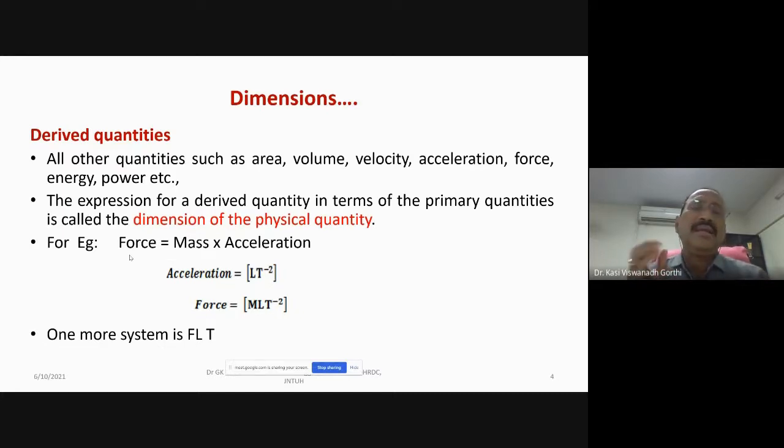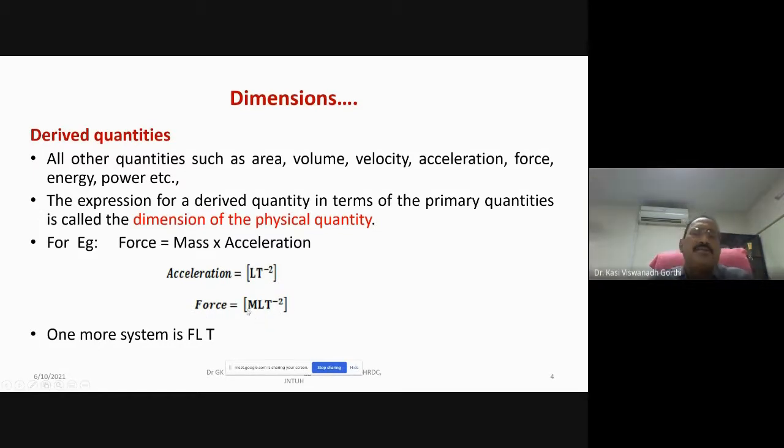So the dimensional formula for force will be mass into acceleration, meter per second square, L T to the power minus 2, giving M L T to the power minus 2.